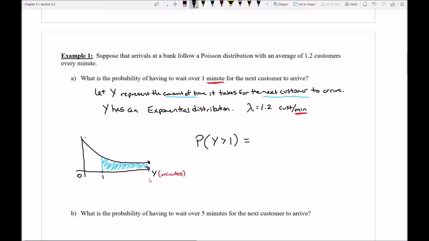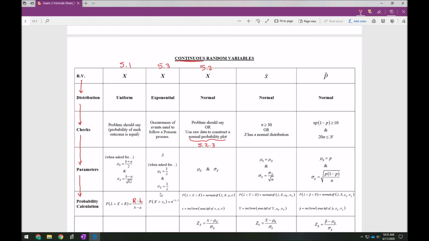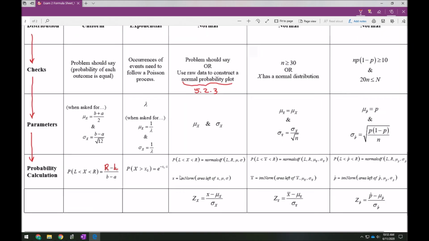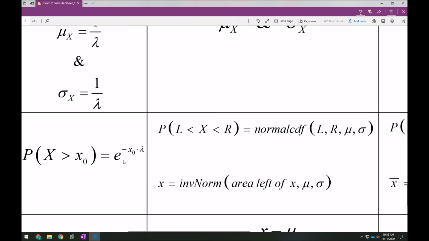Well, if you take a look at what the formula sheet says, or the box up above, you can see that in order to calculate the chances that x is bigger than some number, you have to take e, and let me zoom in here so we can see this easier, raise it to the power of the opposite of this value, and then multiply by lambda.